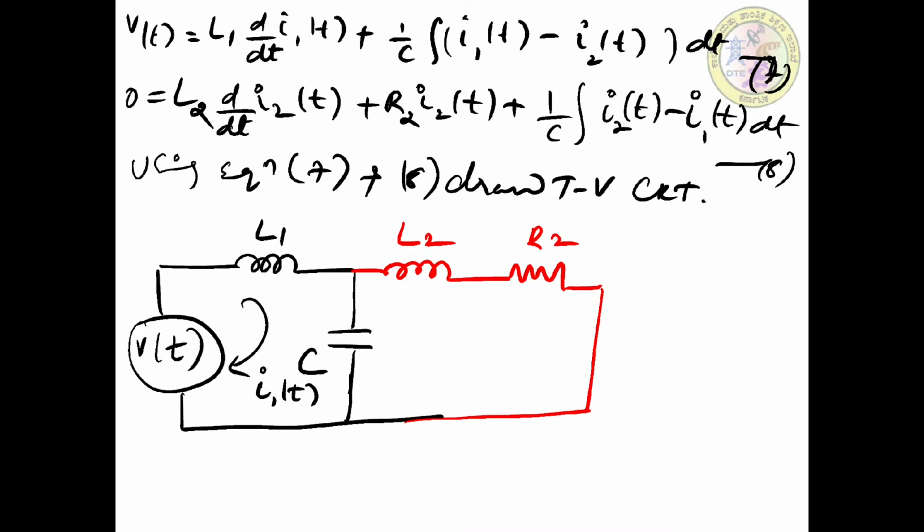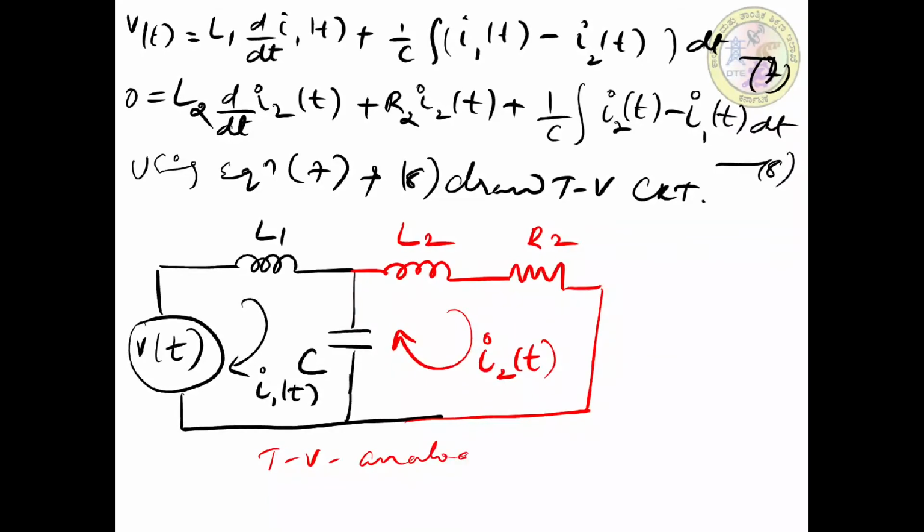Only thing is now we have to write the current I2 of t. So this is known as the torque voltage analogous circuit. Equation 7 will give the first loop, equation 8 is going to give the second loop.